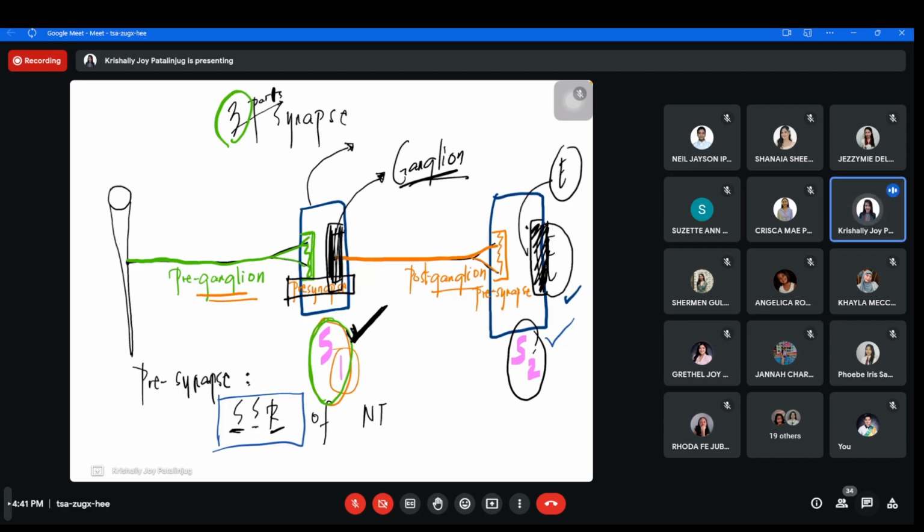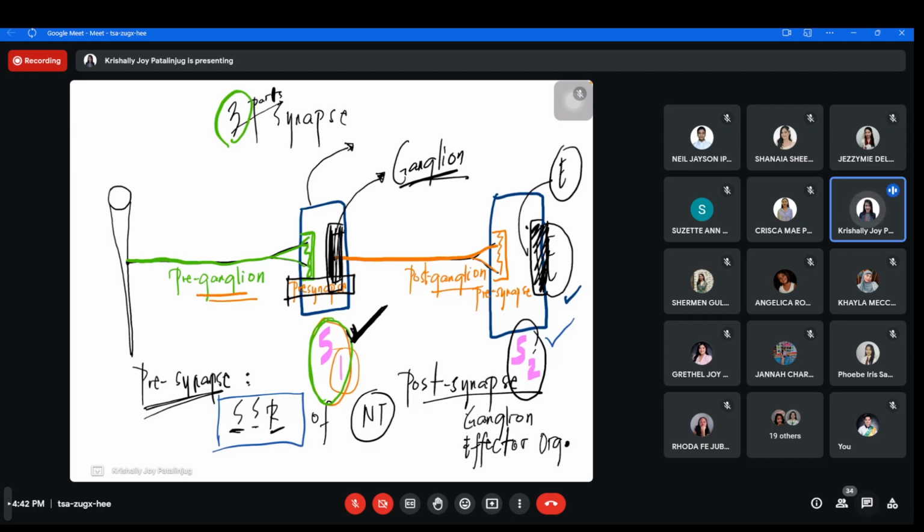Again, sulat natin, the postsynapse should be the one that will receive the neurotransmitter na nirelease ng presynapses. And majority of the receptors are there. So one of the postsynapse is the ganglion, and then the other one is the effector organ or the target organ.